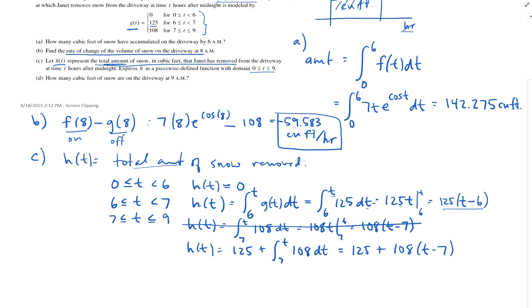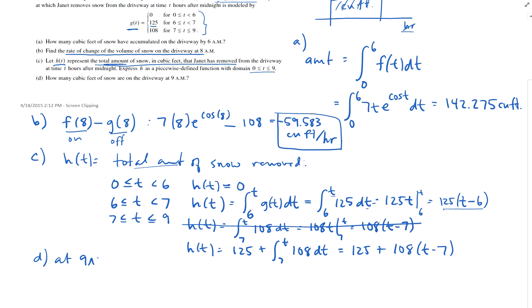And from 7 to 9, she already removed 125 cubic feet, right? Because when t is 7, that's 7 minus 6 is 1 times 125, plus the integral from 7 to t, and you get that expression.